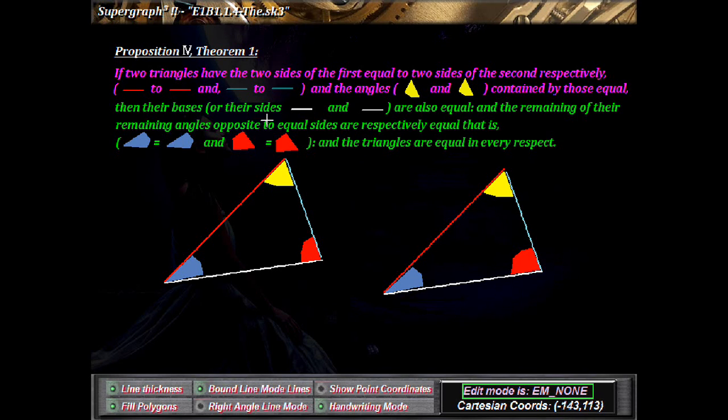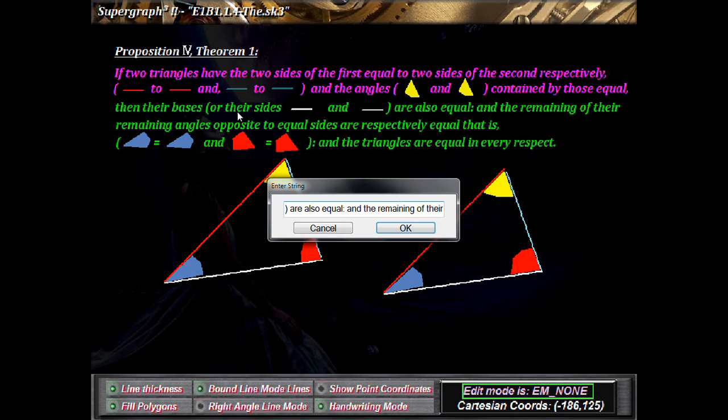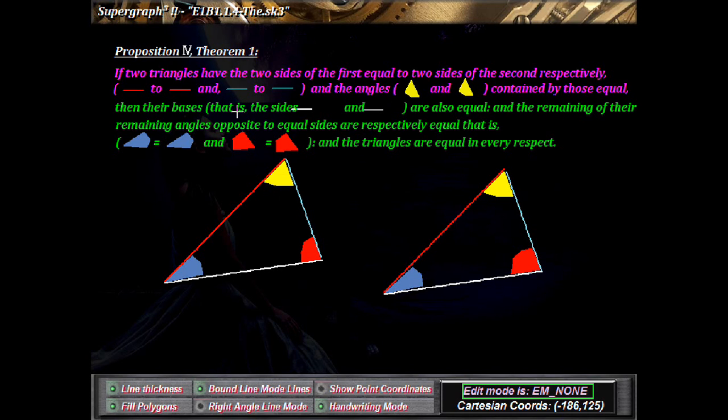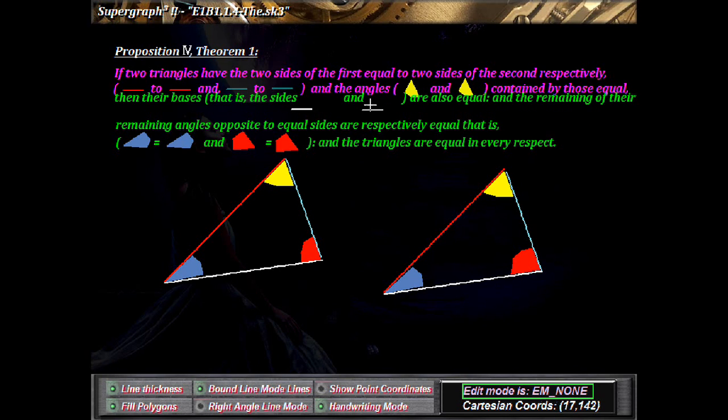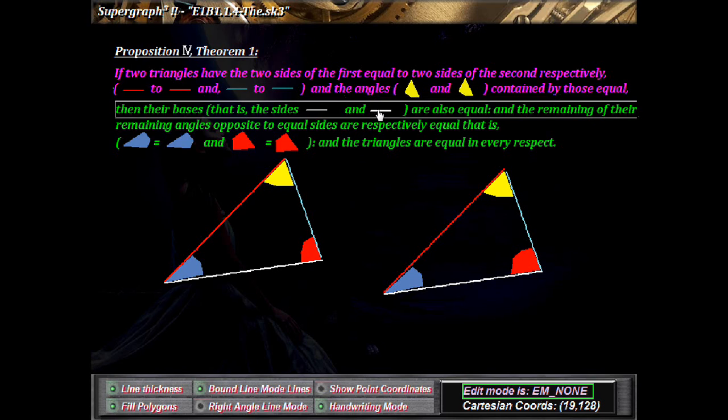Then their bases, that is, I usually say that is, a restating of the same thing.